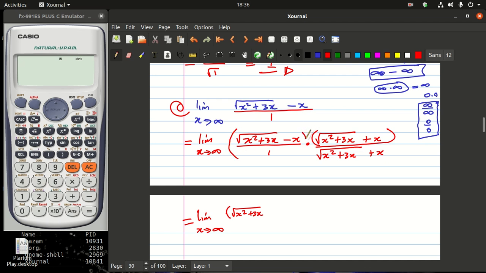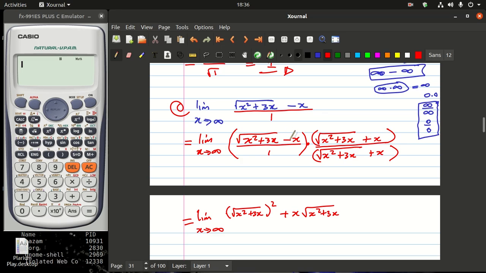It's always good to put the brackets so that you don't make a mistake. So I'm going to multiply this with that, so that's the first part. So I'm going to square it up, and then I'm going to multiply this with that, so I will end up having a plus x times the square root of x squared plus 3x. So plus and a plus, so it's a positive.